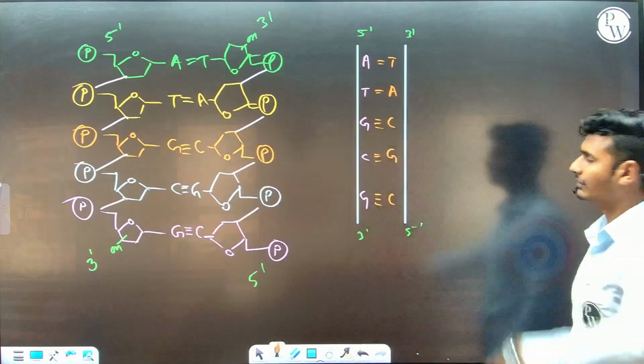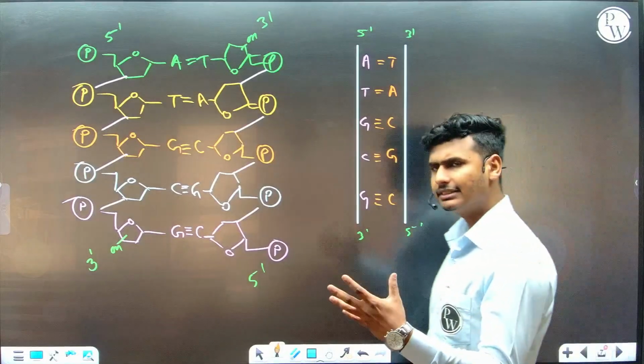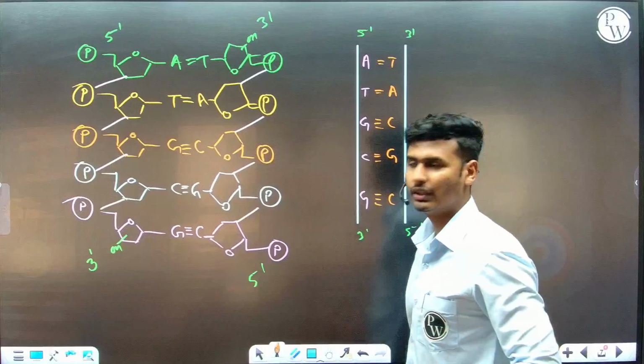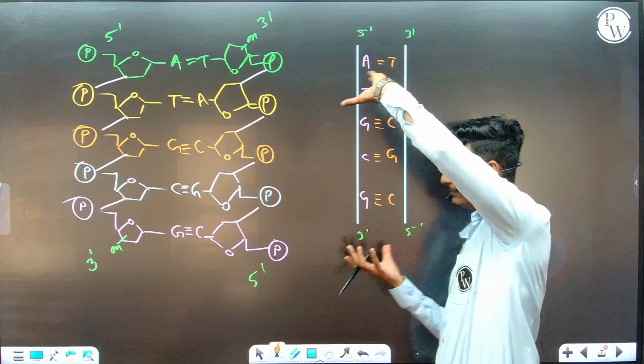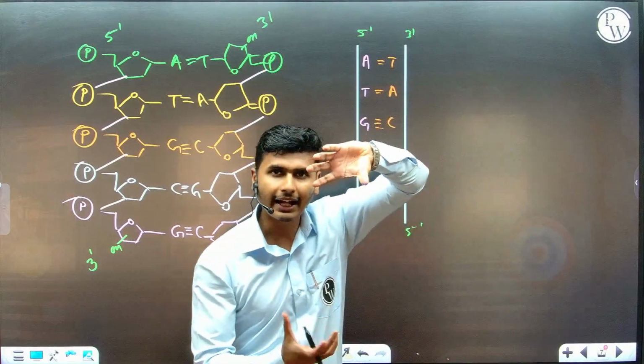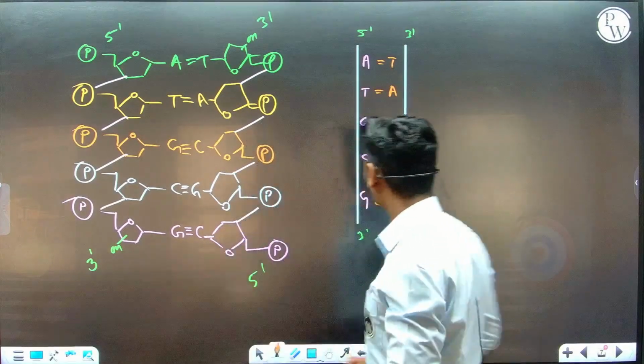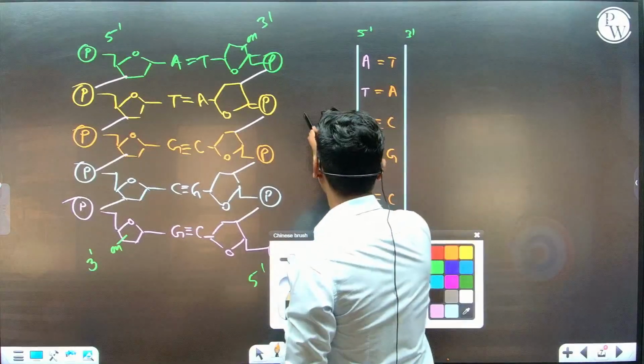This is a DNA, but does DNA look like this? No. When we hold this and twist it, we get the twisted ladder-like structure that we have to draw here.